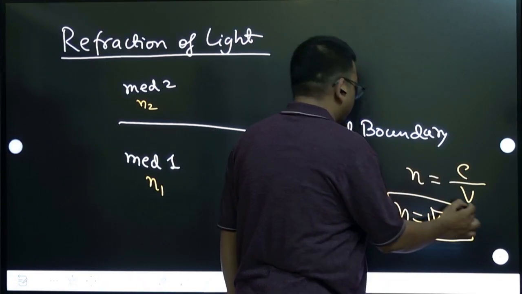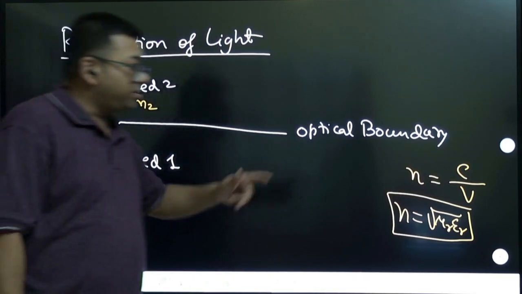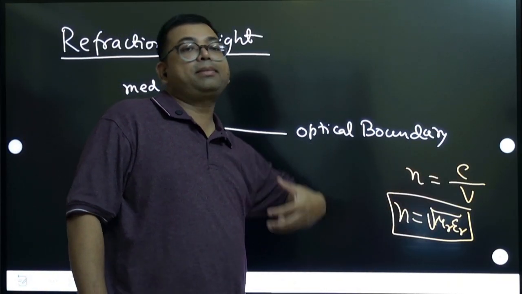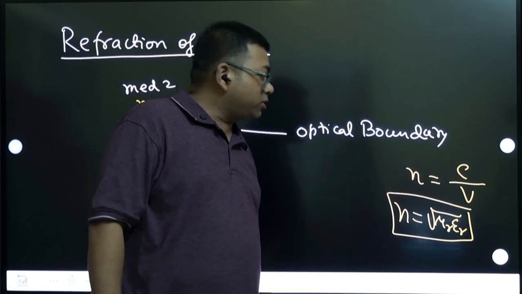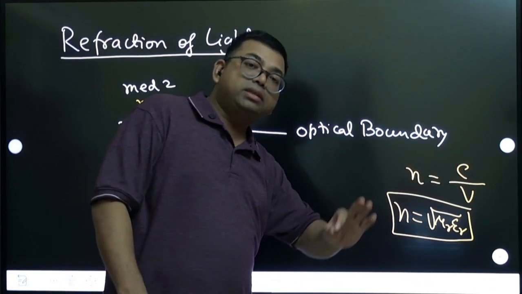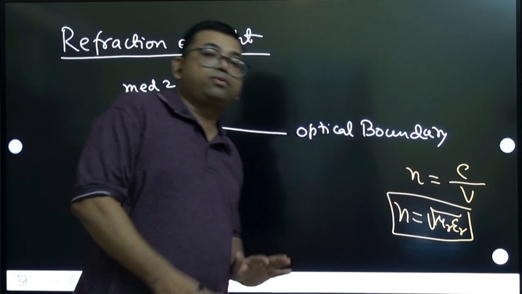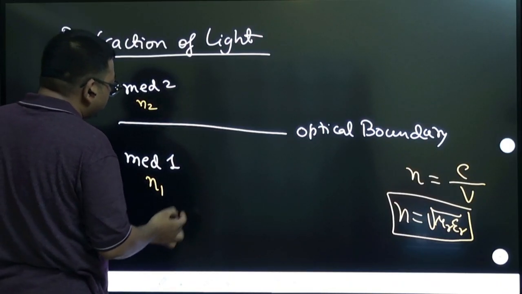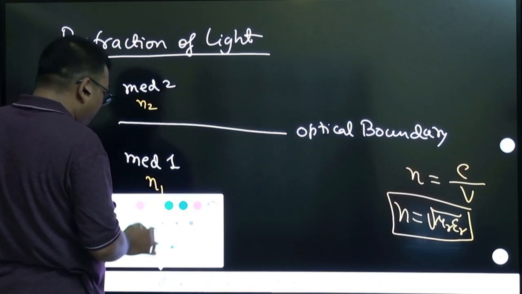If you remember in the electromagnetic wave chapter, mu r is the relative magnetic permeability, epsilon r is the relative electrical permittivity, which is also called the dielectric constant. So most of the time, if nothing is given, mu r is taken as 1, and epsilon r, the dielectric constant of the medium, they will give. Okay, we can calculate. But anyway, in this chapter ray optics, we have to use this property, refractive index. So what happens?